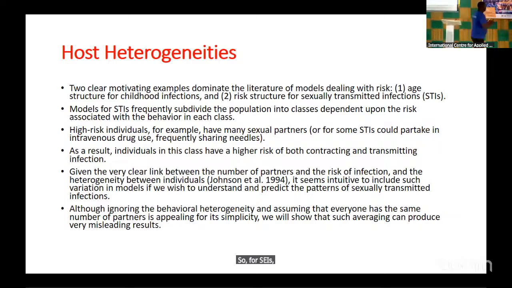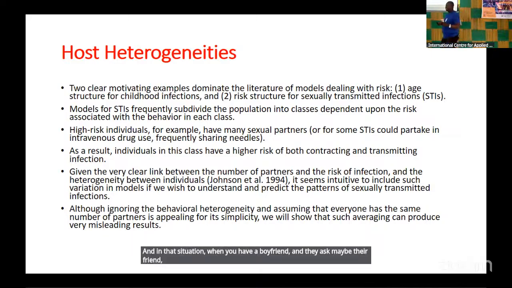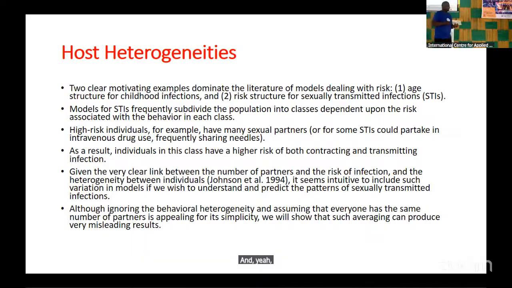So for STIs, we are looking at risk. High risk individuals, for example, have many sexual partners. If you have many partners, you may contract many infections, and if your spouse has many other partners outside, you are also at very high risk.